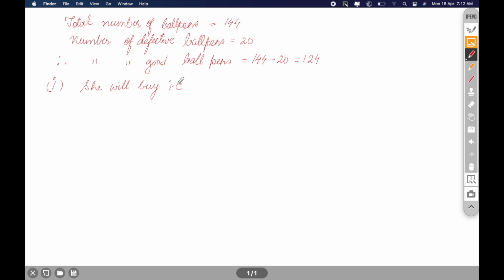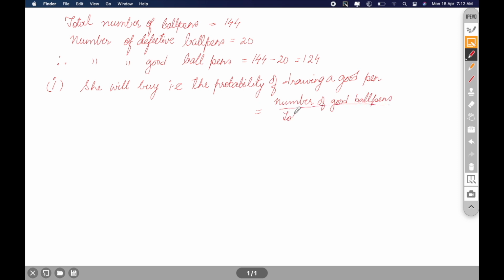So that is the probability of drawing a good pen, which equals the number of good ball pens by total number of ball pens.